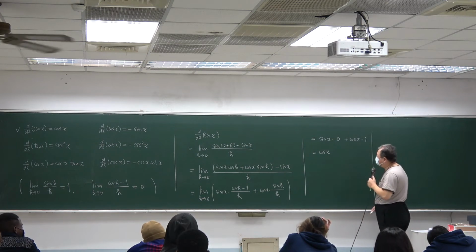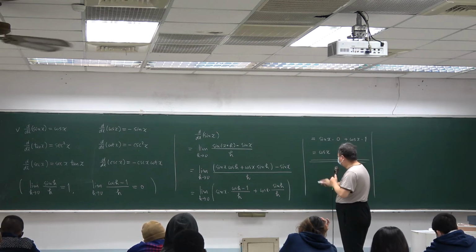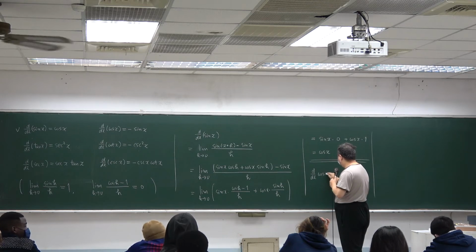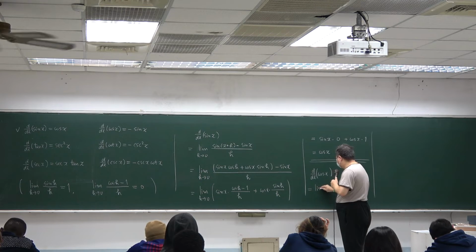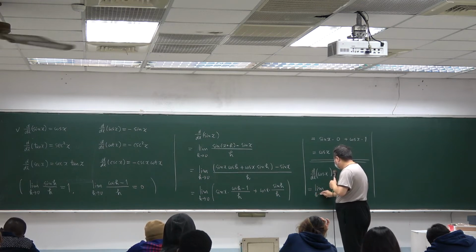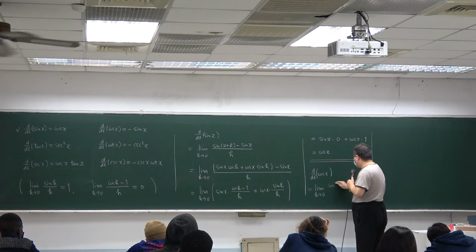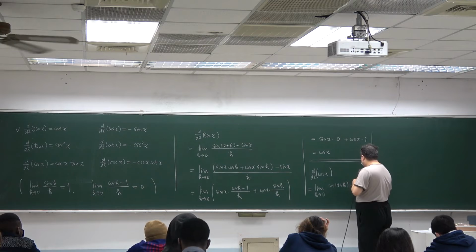Similarly, the derivative of cosine is the limit of the difference quotient.